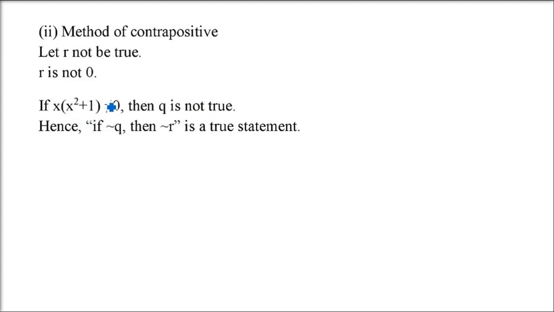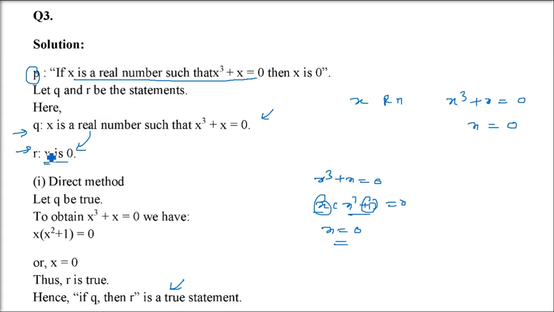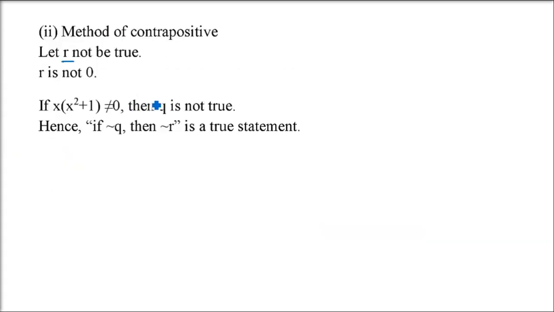Now coming to the method of contrapositive. If not r, then not q, it's the same. So let us say r is not true, that is, x is not 0. So when we say x is not 0, what will happen to x cube plus x, which is x into x square plus 1? When x is not 0, x into x square plus 1 will never give 0.